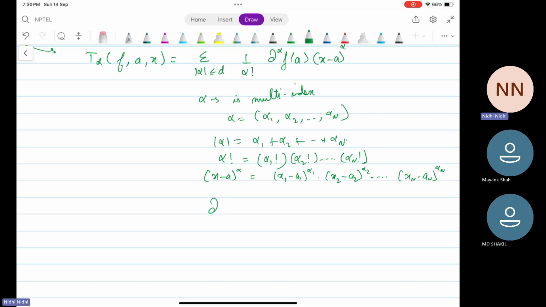And del alpha f at a is the partial derivative of f mod alpha times, with respect to the first variable alpha 1 times, with respect to the second variable alpha 2 times, up to the nth variable alpha n times.